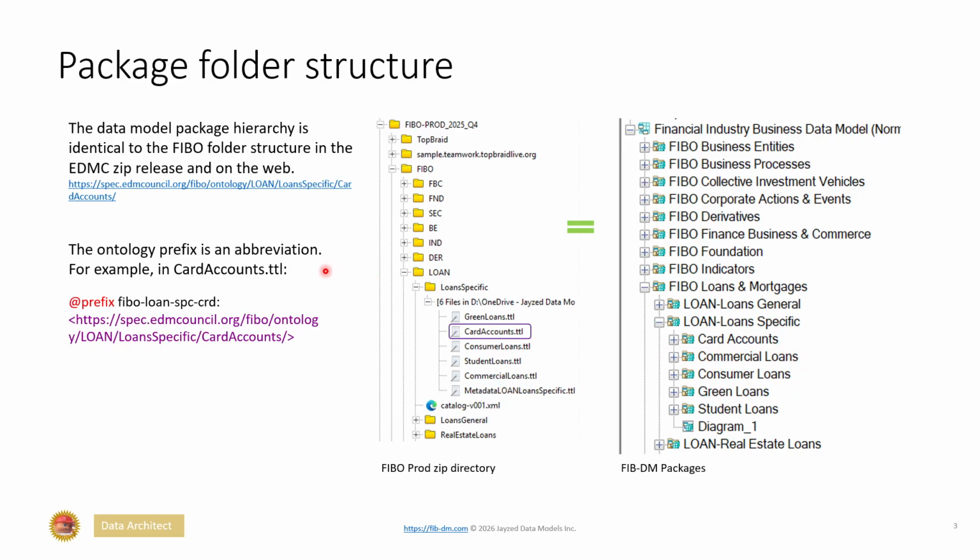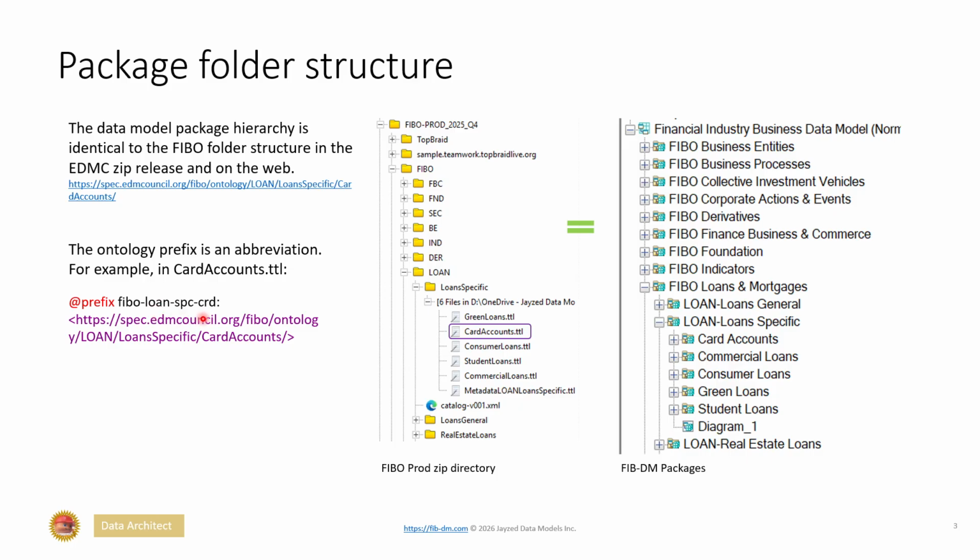And the ontology prefix is an abbreviation defined in the FIBO. So here, for example, for card accounts, we see that this URI here is abbreviated as FIBO loan SPC CRD.